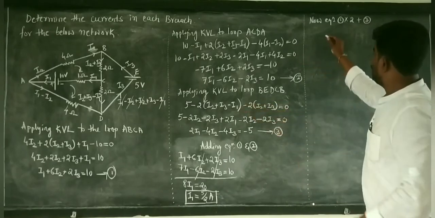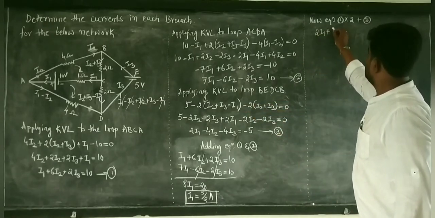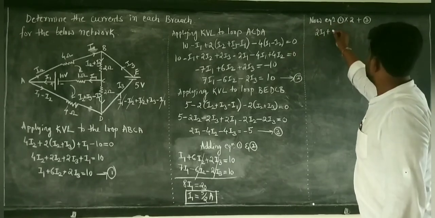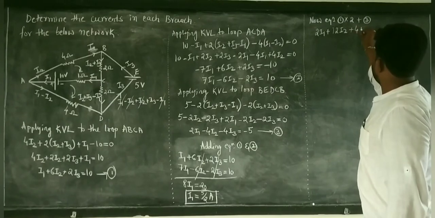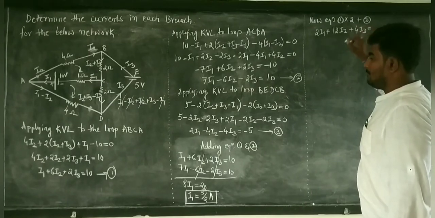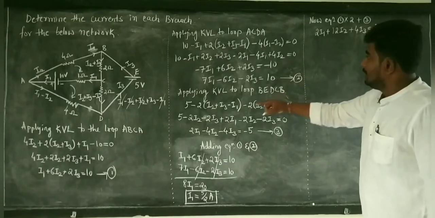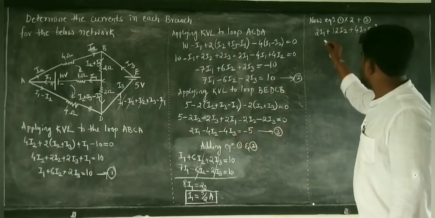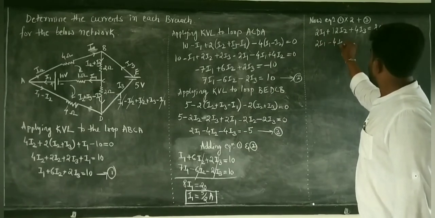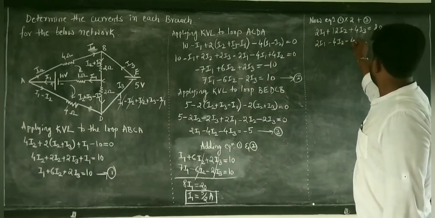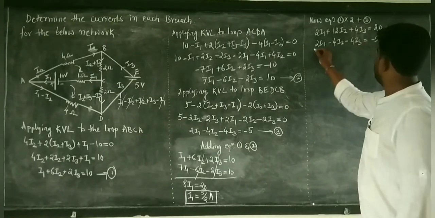So equation 1, multiplying by 2, gives 2I1 plus 12I2 plus 4I3 is equal to 20. And it is added with equation 3. Equation 3 is 2I1 minus 4I2 minus 4I3 is equal to minus 5.